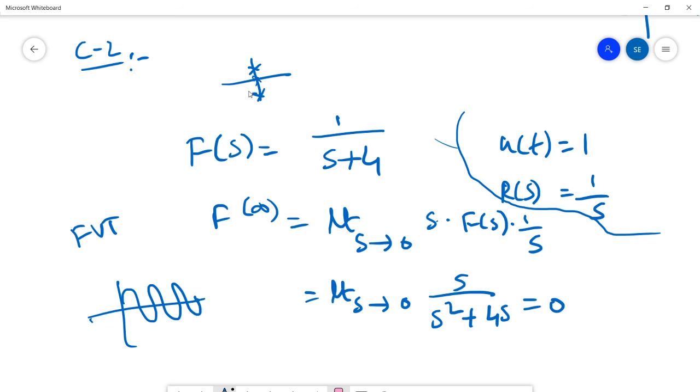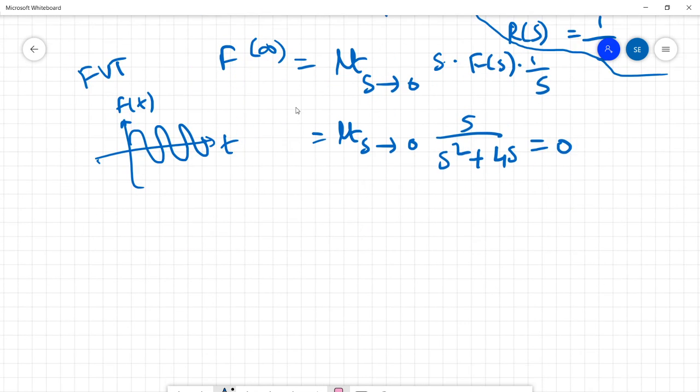If your poles are on the imaginary axis, you will get oscillations. We don't know at what point the final value is. Throughout the system we are getting oscillations, so we can't determine the output as 0. So the final value theorem fails in this case also.